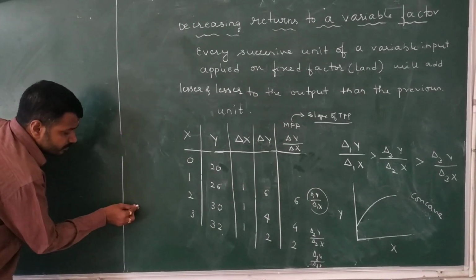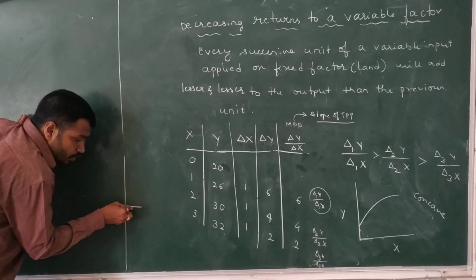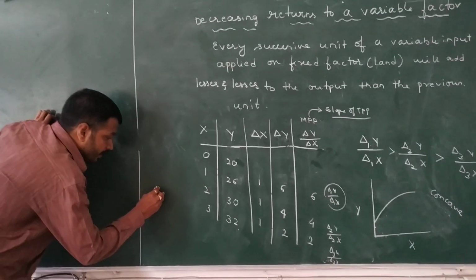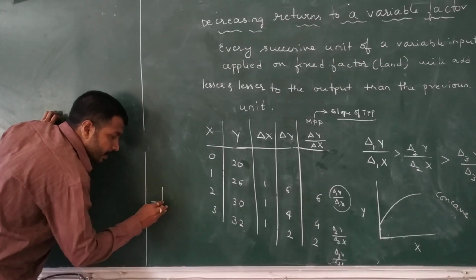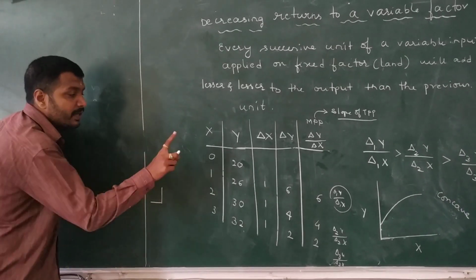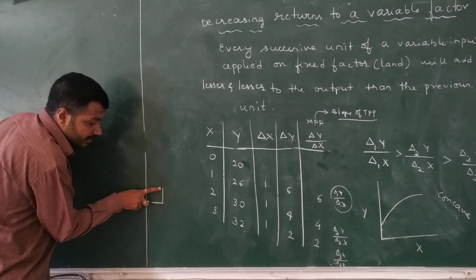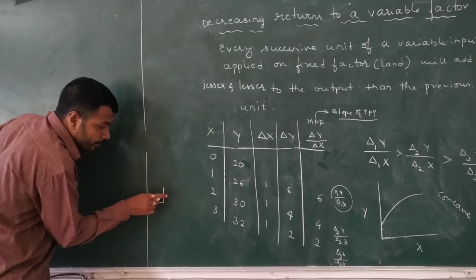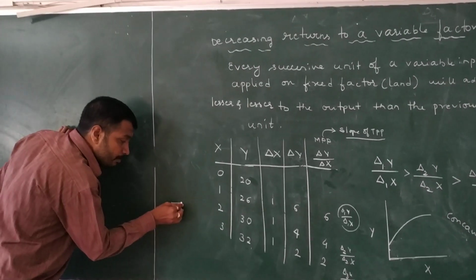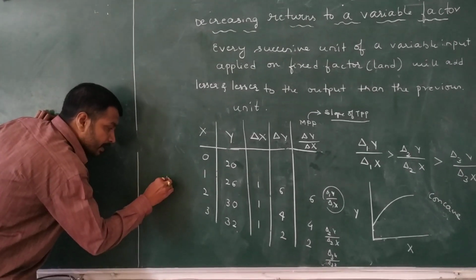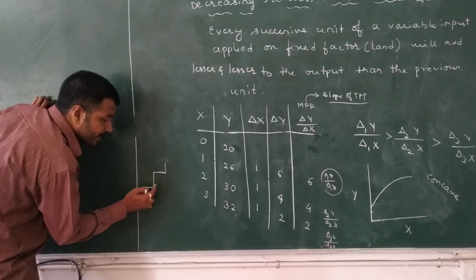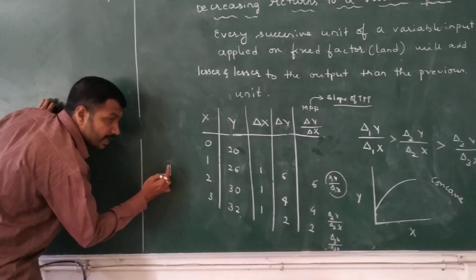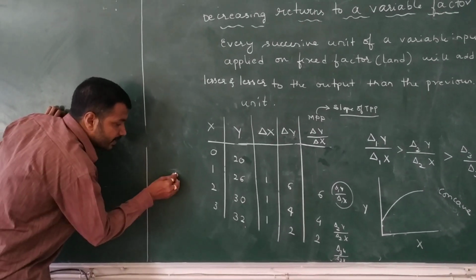This can be understood. See here, for every horizontal move we are going to bear a response in the dependent variable in this manner. The first response is more. For the same horizontal move, the move in the dependent variable, that is y, reduces compared to the previous unit. Try to understand.